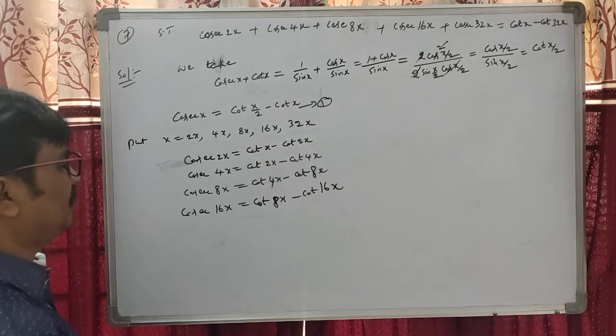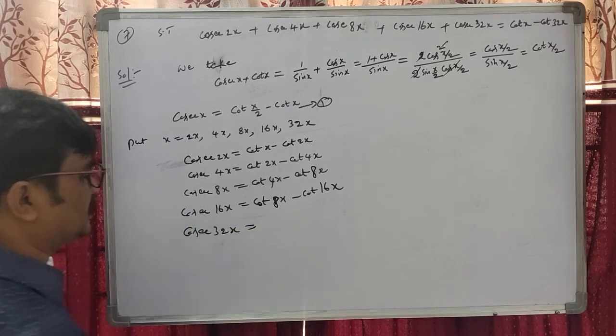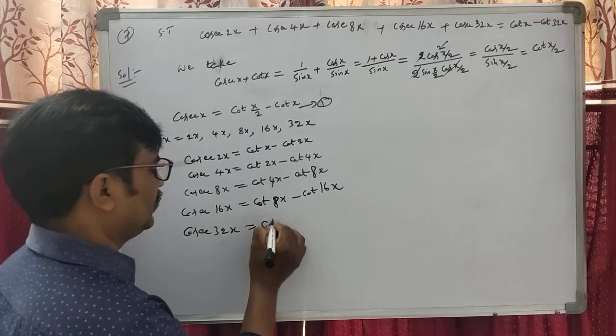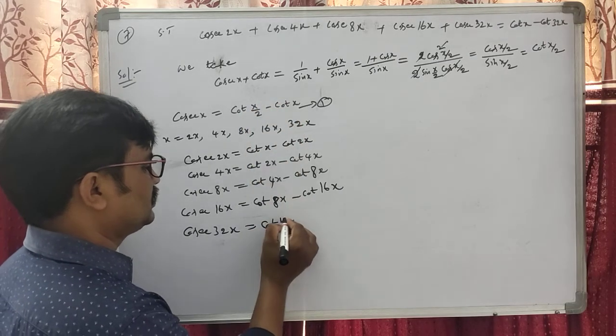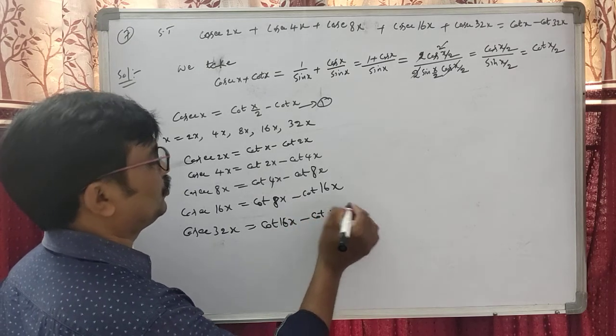So now finally we substitute 32x. 32x by 2 is 16x, minus cot of 32x.